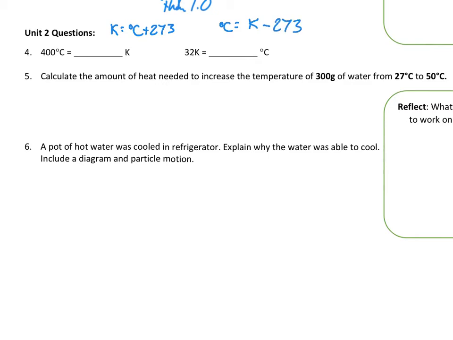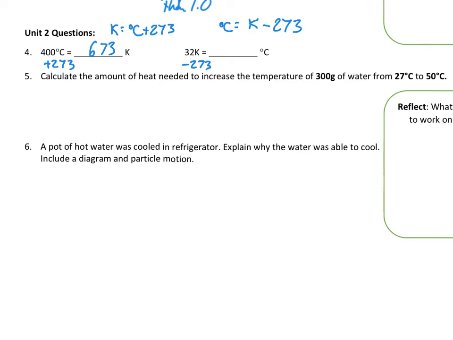So in this first one, I have Celsius. I'm looking for Kelvin. So I am adding 273 to that temperature. So that would be 673 degrees Kelvin. Now for this next one, I'm giving you Kelvin and I am asking for Celsius. So I will subtract 273.